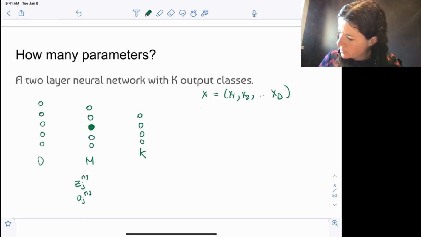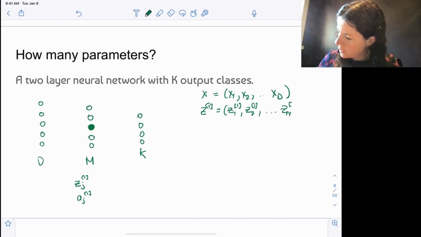So note that z1 is a vector that has dimension m, and it's going to be z1,1, z2,1, up to zm,1. So the superscript on the top here has to do with the layer, and the subscript in the bottom here has to do with the dimension.